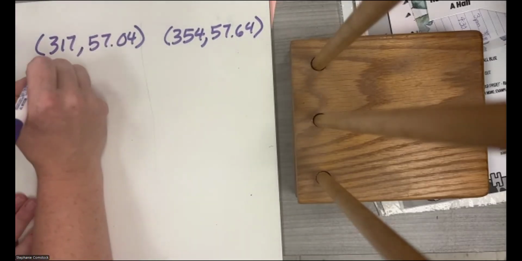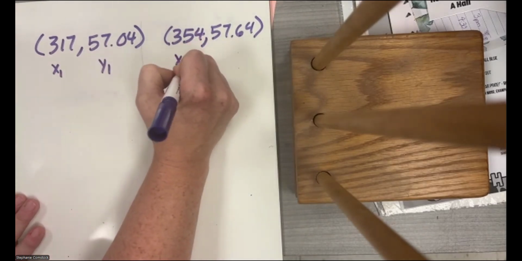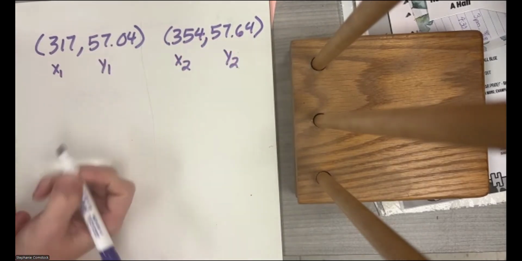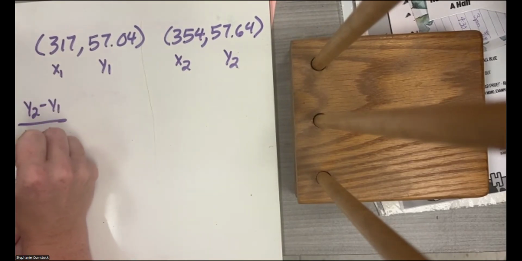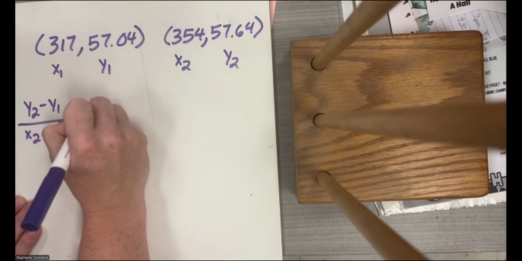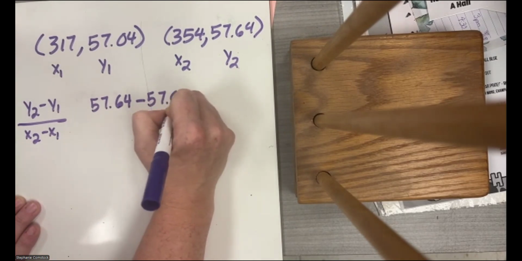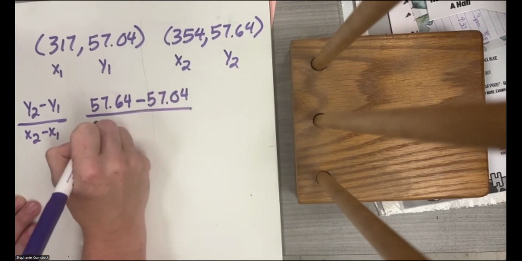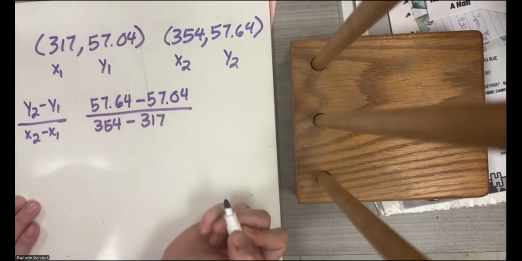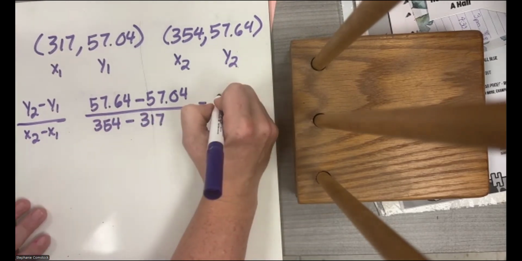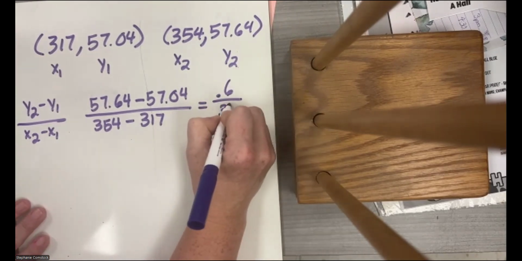So we're going to start with finding the slope. This is going to be x1 and y1, x2 and y2. Following y2 minus y1 over x2 minus x1, we're going to have 57.64 minus 57.04 over 354 minus 317. That's going to be 0.6 over 37.